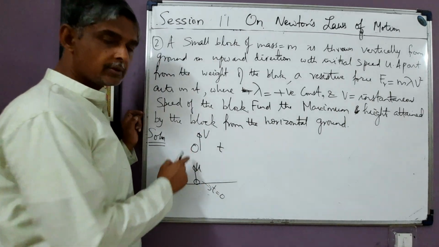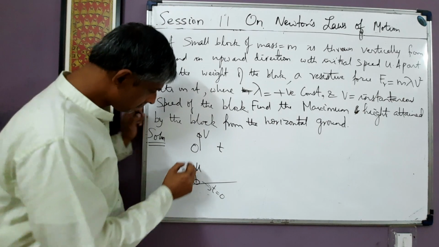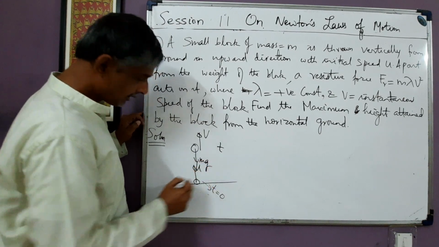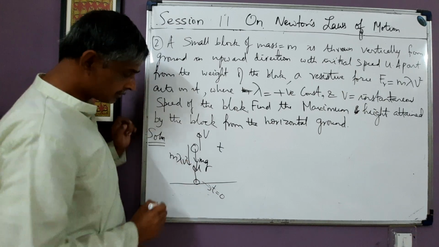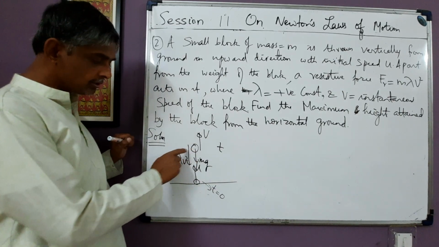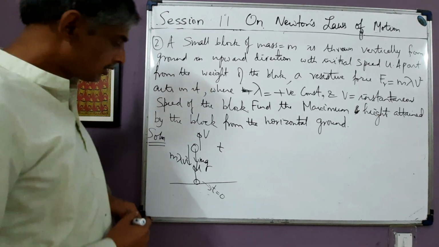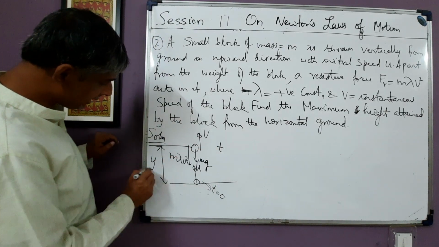At this instant, I draw the free body diagram of the block with respect to the ground frame. Only real forces will act on it: mg and a resistance force m lambda v square. Now, suppose at this instant t the block is at a height y above the ground.